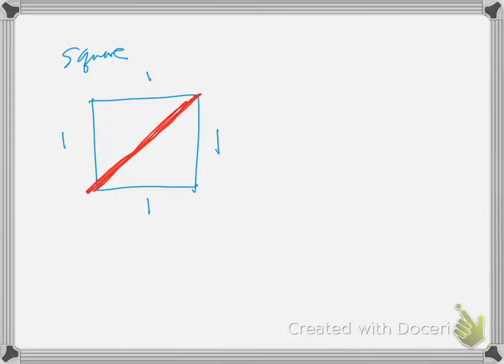Let's first calculate how long this diagonal is. This is the hypotenuse C. 1 squared plus 1 squared is C squared.